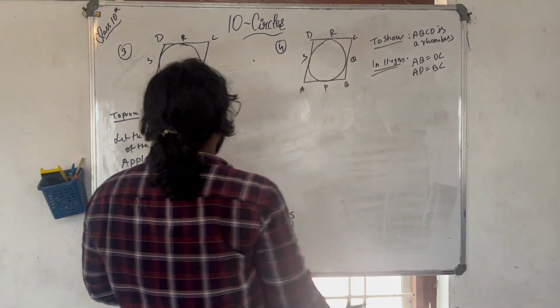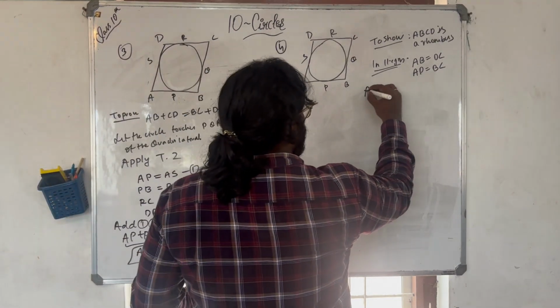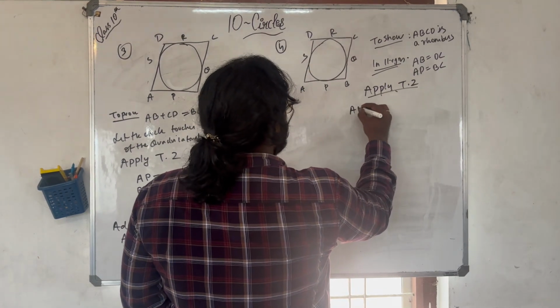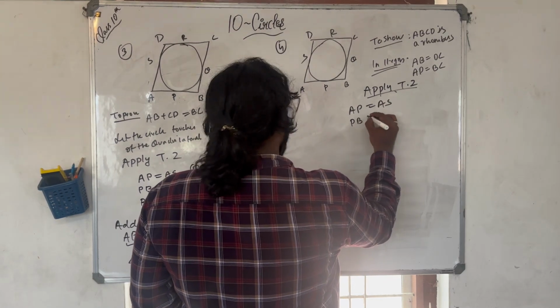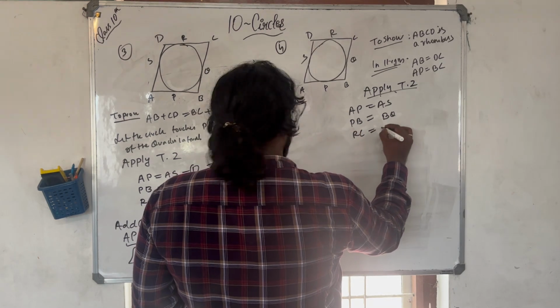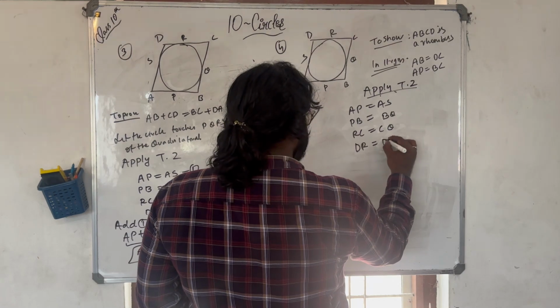I'm not writing. You should write entire thing the same. I'll just write out other parts. So apply theorem 2. So directly you know AP is equal to AS, PB is equal to BQ, RC is equal to CQ, and DR is equal to DS.